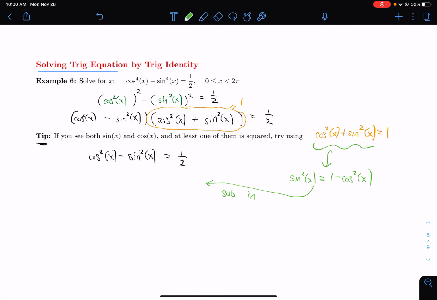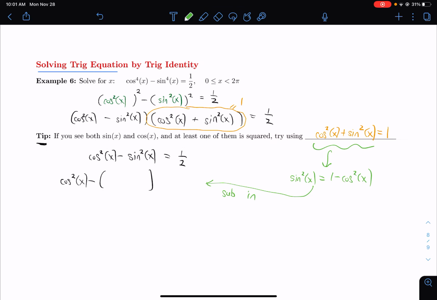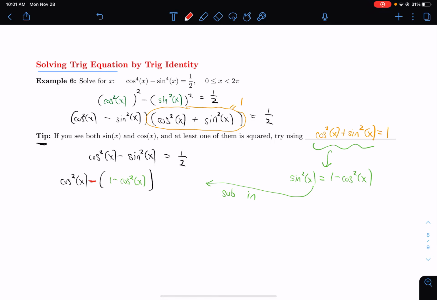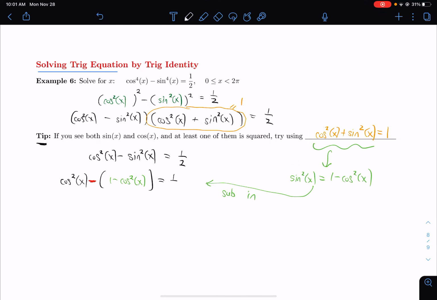So we'll get cosine squared x at the front, and then minus, and I'm going to sub in for sine squared, because sine squared equals 1 minus cosine squared. It's important to have parentheses around it, because this negative sign in front needs to apply to all of the terms in this. Okay, and this equals 1/2 on the other side.